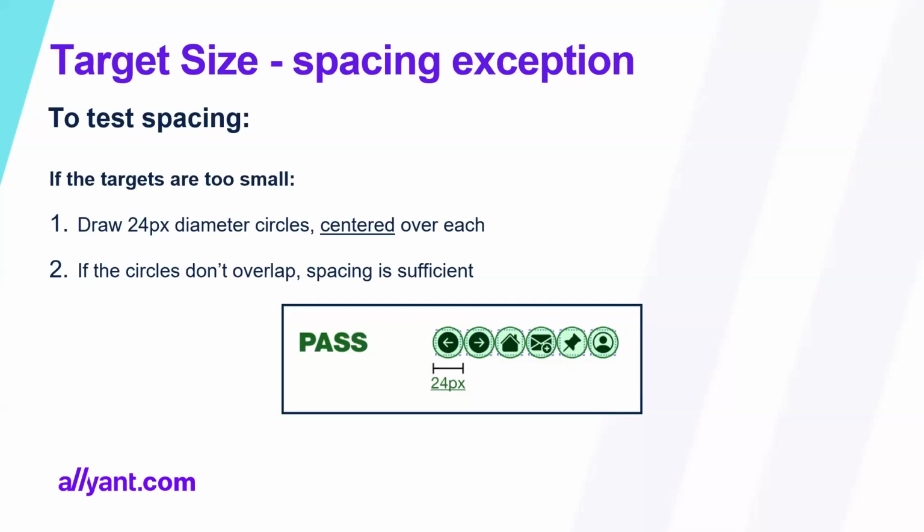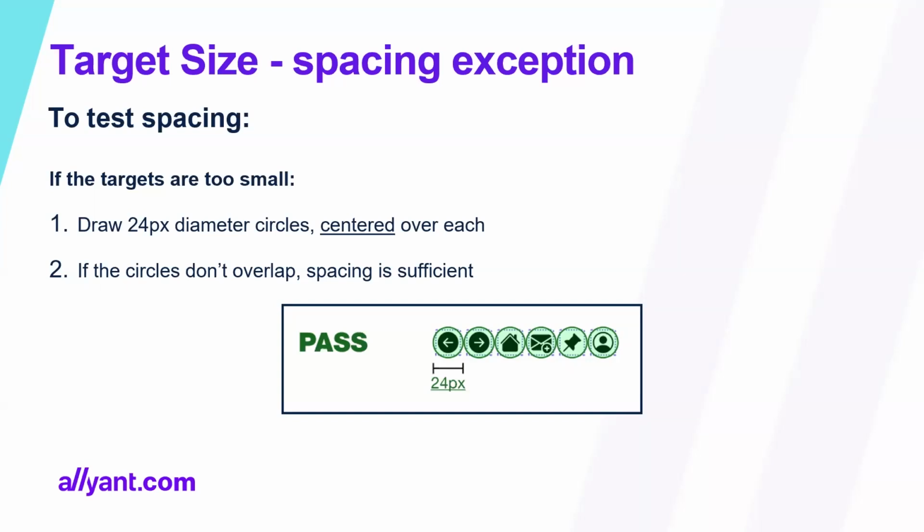Maybe at the bottom of your document, for example, you have the icons for Facebook, Twitter, LinkedIn, right? For example, it's just those icons that have been hyperlinked, right? So they're relatively small icons, but if the spacing is sufficient between them, then it's okay that they maybe are kind of small. So let's talk about the spacing, how to make sure it's okay.